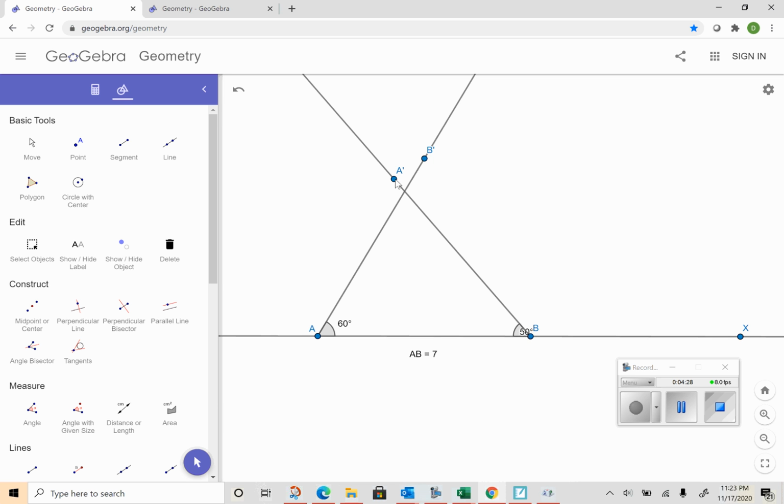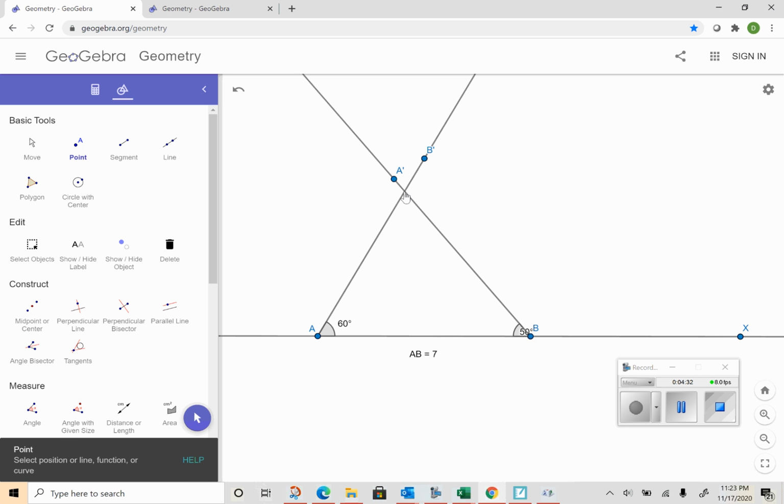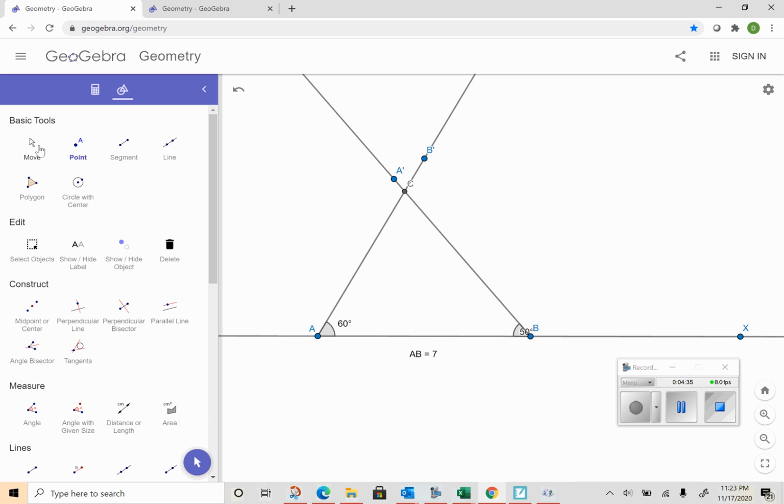Lo and behold, there's only one point of intersection. There's only one possible location. If segment AB is 7 centimeters long, angle A is 60 degrees, angle B is 50 degrees, by taking those two angles, extending those out until I find a point of intersection, there's only one point of intersection.